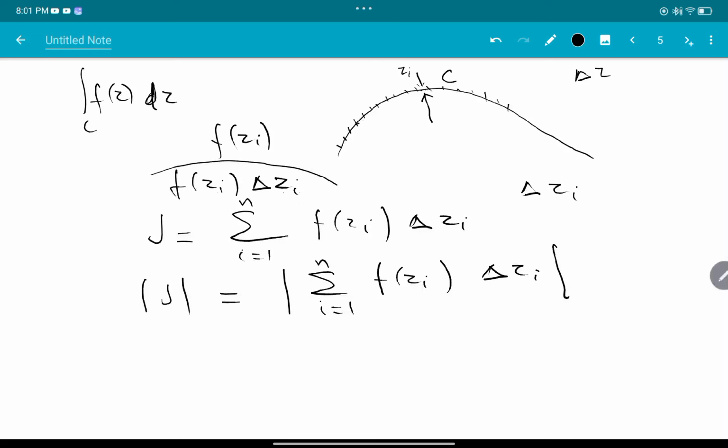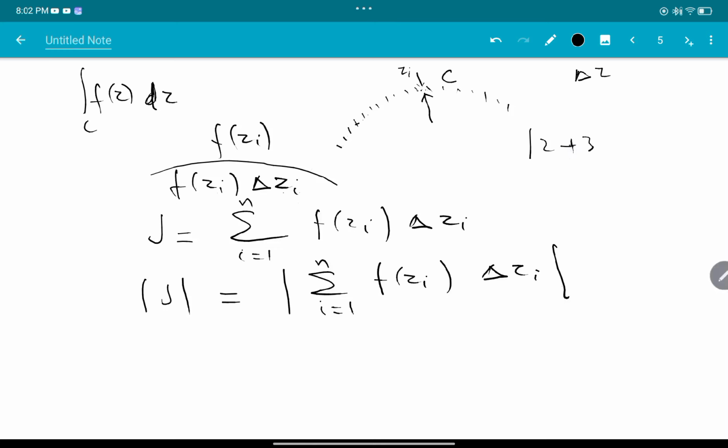Okay. Now you might be knowing that the absolute value of a sum is less than or equal to the sum of absolute values. If you don't know it, it is not a big deal to show you how this is true. Suppose you have 2 plus 3.